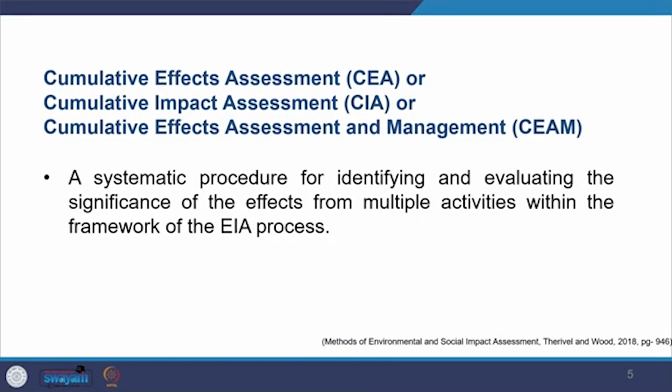It is a systematic procedure where we identify and evaluate the significance of the effects from multiple activities within the framework of the EIA process. The key thing to understand here is effects from multiple activities, so not just the project, but a range of projects or other things which will go on in and around the place of your concern. That is what we talk about when we deal with cumulative effect assessment.